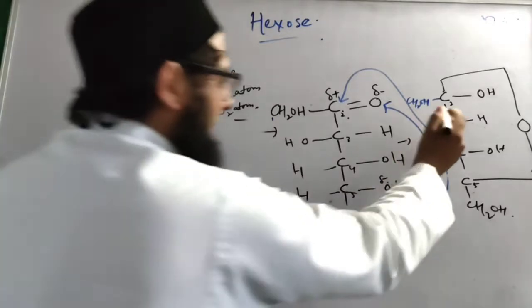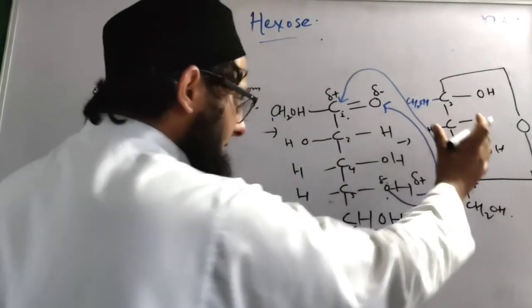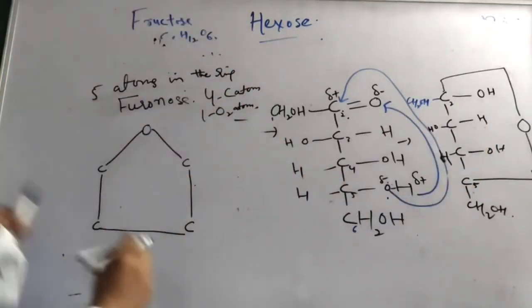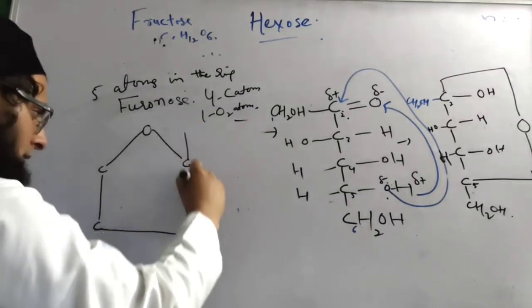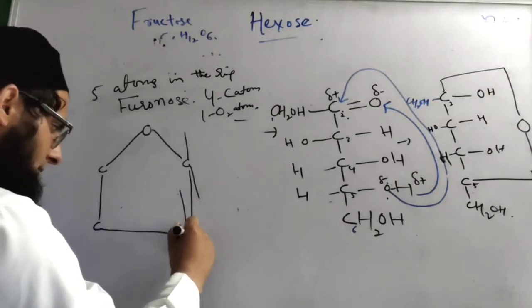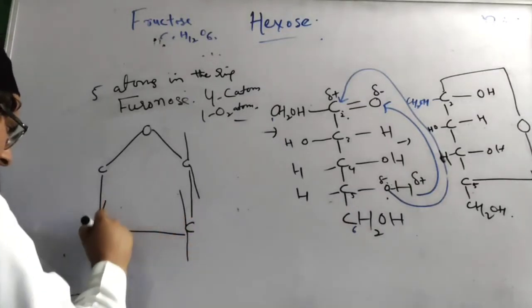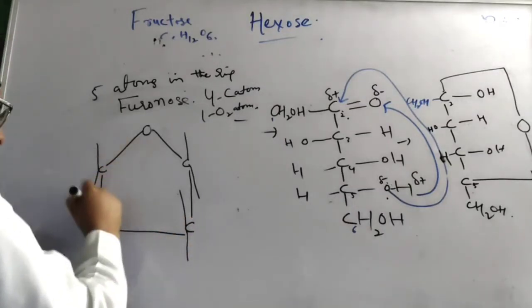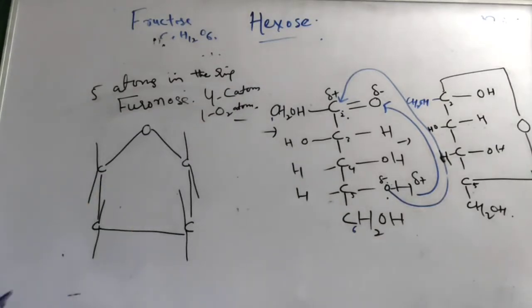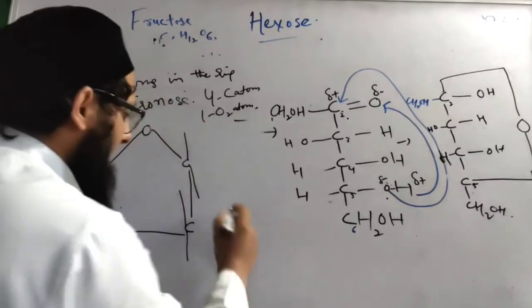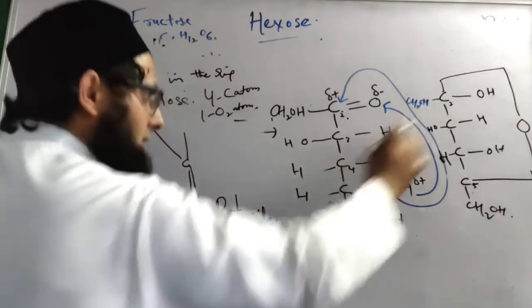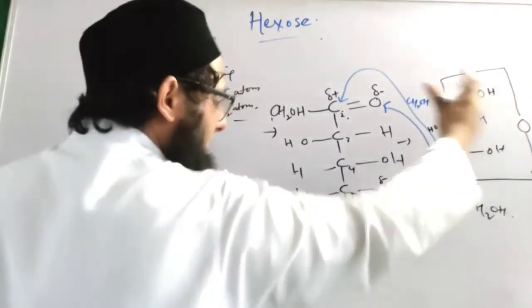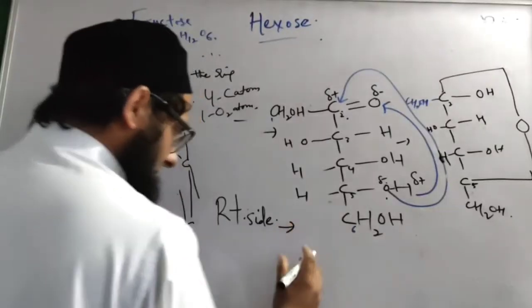Now look, at carbon number 2, we need to remember some rules. First of all, we will draw these lines, like this. After drawing the lines, what do we have to remember? Those which are on the right side will be written downwards.